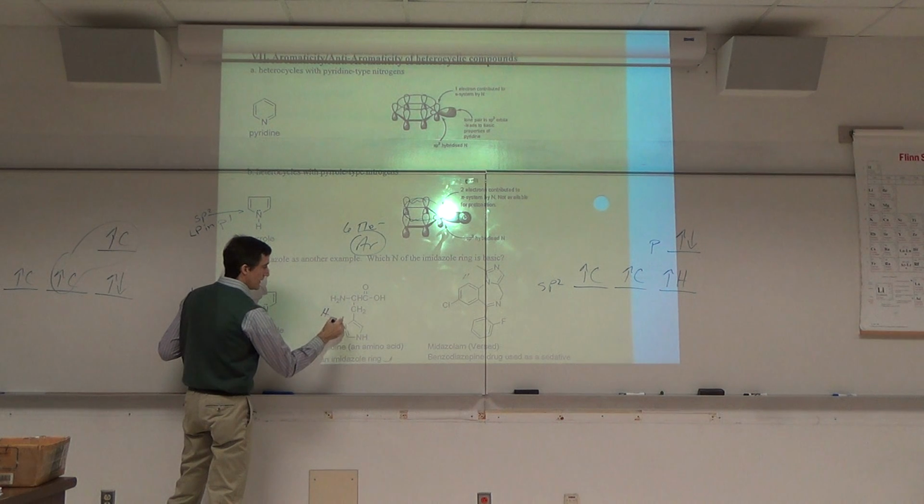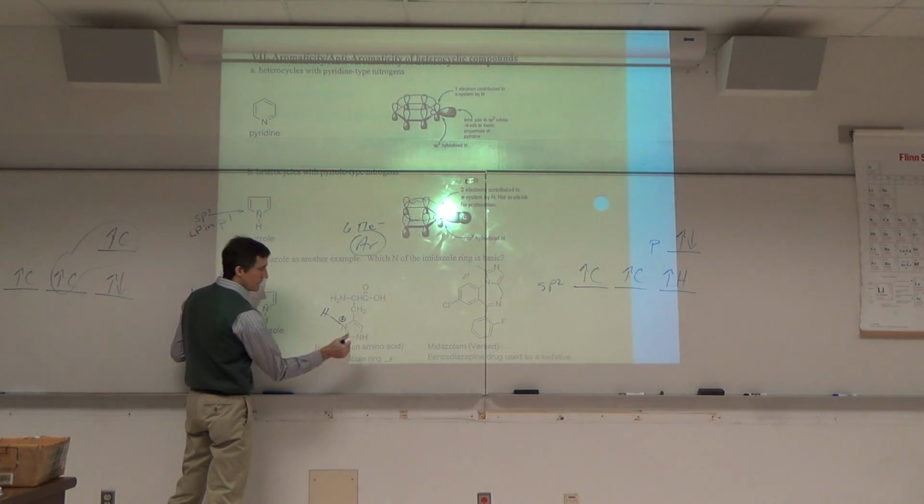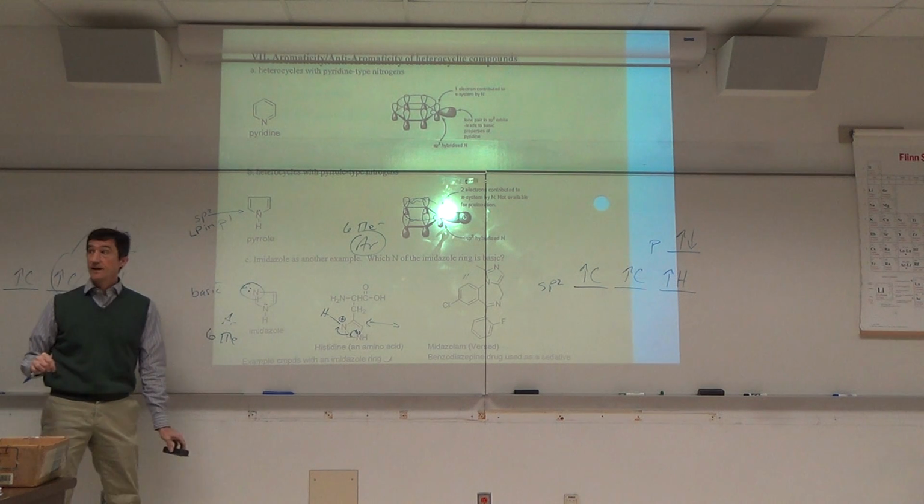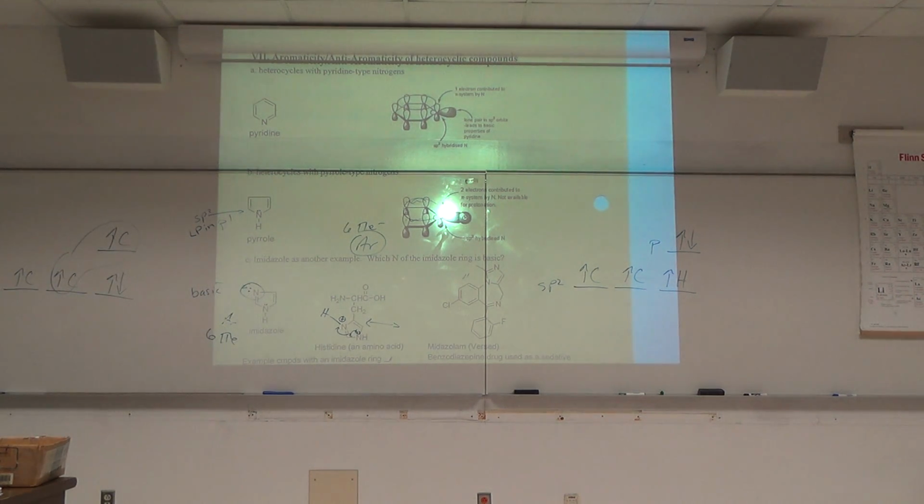Why? Because you can draw a resonance structure of the cation. These electrons can move here, these can move up, and you can get a resonance structure of your cation. That means it's more stabilized than not. That extra stabilization of the cation makes it more willing to form. If it's more willing to form, that means the original is a little bit more basic.